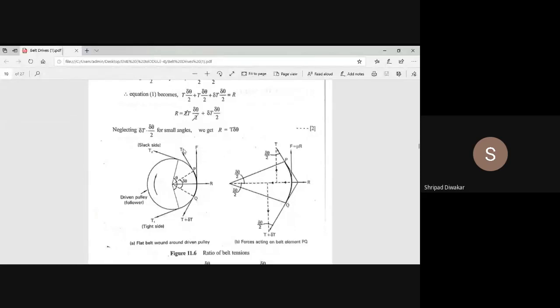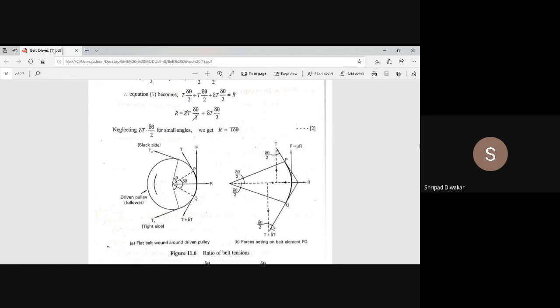First you draw this diagram, and then, for better understanding, you have to draw this diagram. This PQ is this PQ, and R, this one is R. F equals mu R, and then once again you have to draw a vertical line from T and T plus delta T. Whatever angle, this angle delta theta by 2 and this angle are the same. Here also delta theta by 2 and delta theta by 2 are the same.